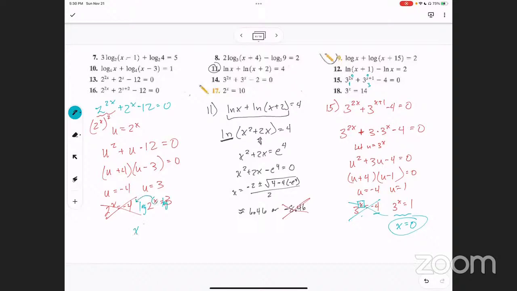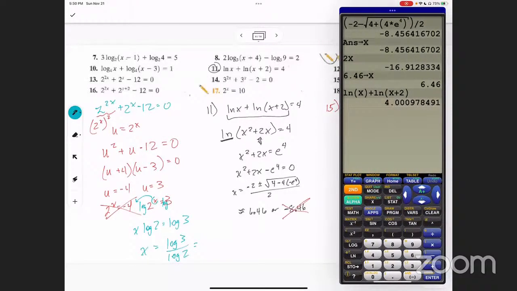So x times log 2 equals log 3, which means x equals log 3 over log 2. That's log base 10. So log 3 divided by log 2, those are just numbers, and that equals 1.58 approximately.